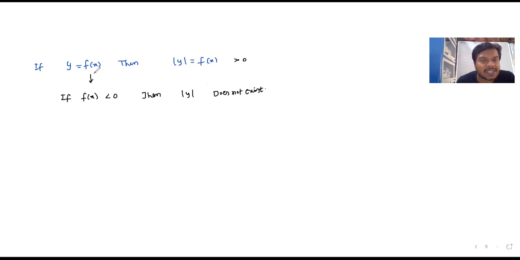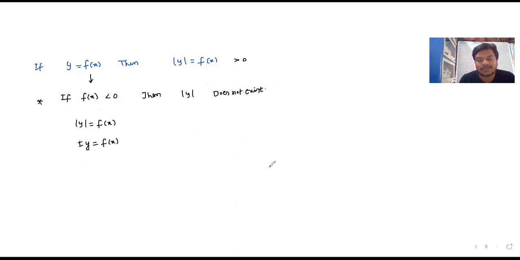When you have f of x negative, mod y is not possible, right? And mod y equal to f of x, I can write as plus or minus y equal to f of x. First and very important point: f of x must be non-negative, remember.